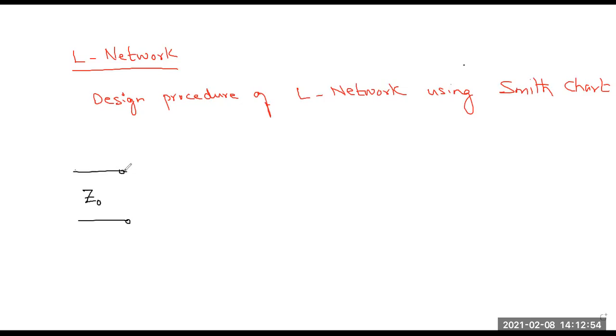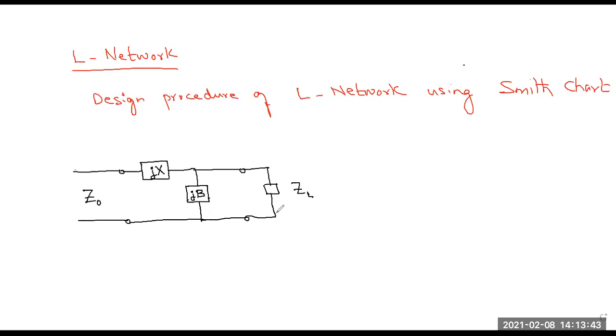We can insert a reactive element represented by its reactance, capital X, connected in series, and another reactive element connected in parallel configuration, represented by its susceptance, symbol B. Then we connect the load that we want to match, represented by impedance Z. This is one possible configuration of the L network.